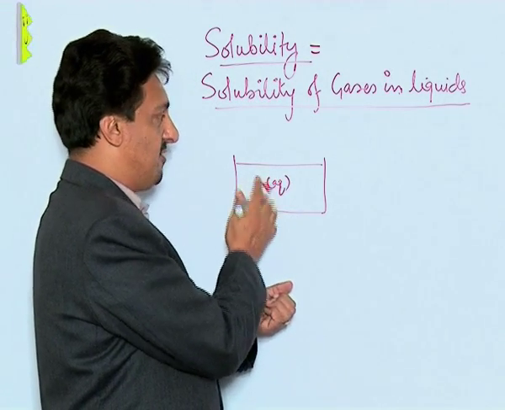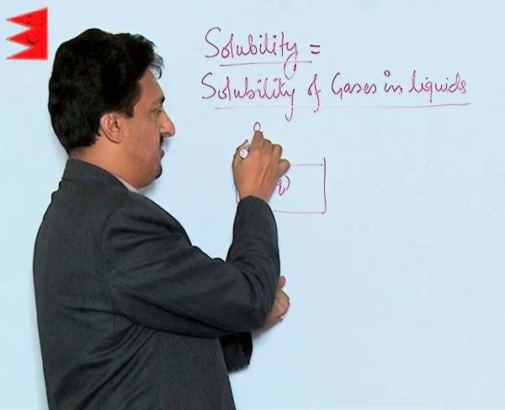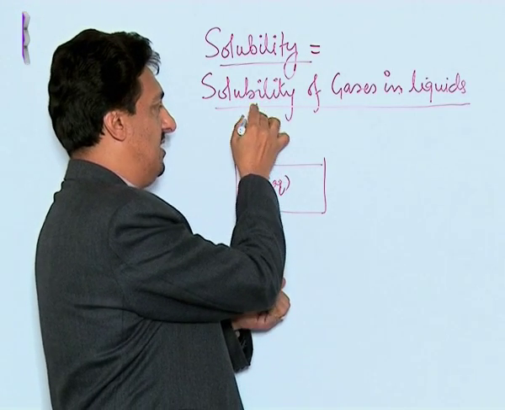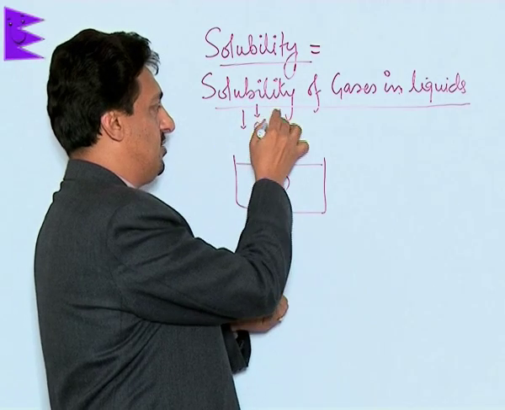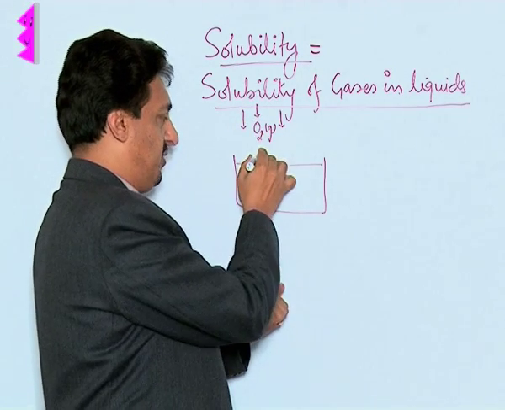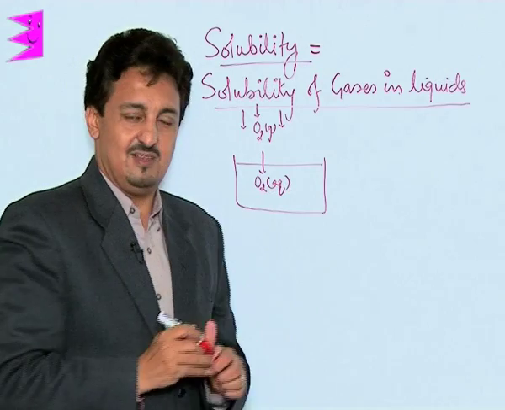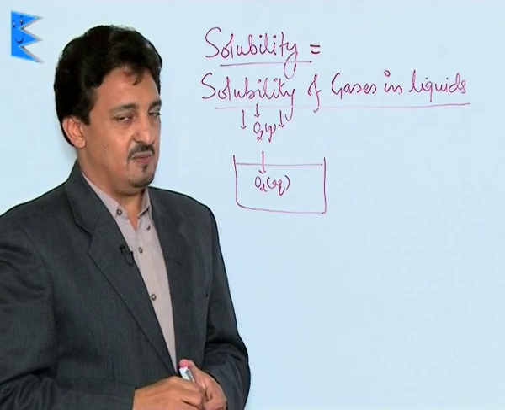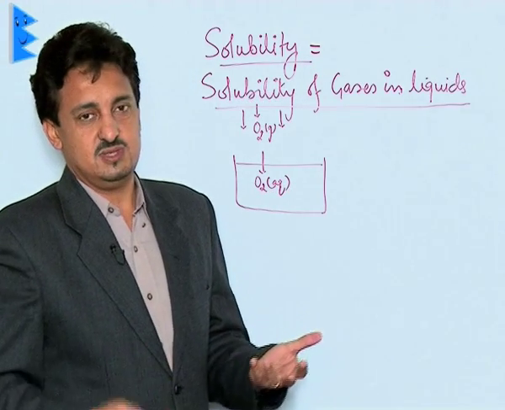Now, from where has this oxygen come? This oxygen has been dissolved from the air due to the atmospheric pressure, which forces this oxygen to get dissolved in the distilled water. And this is how we get aqueous oxygen in the solution.